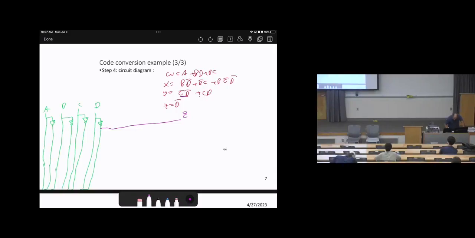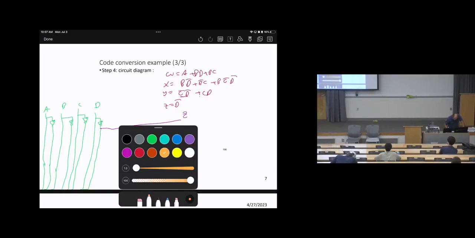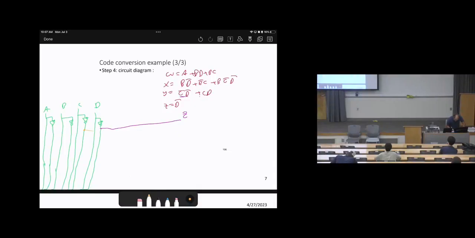Let me make it in a different color. C bar, D bar, they will go with AND gates. Then we have CD, they will go with another AND. Then both will go with OR gates to make variable Y.